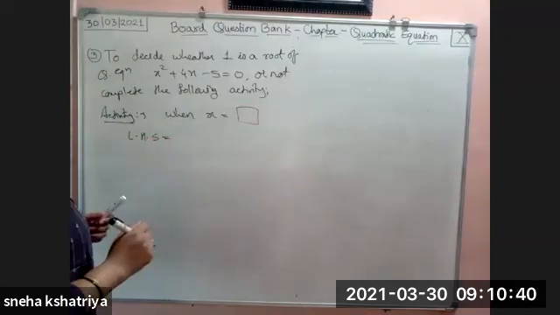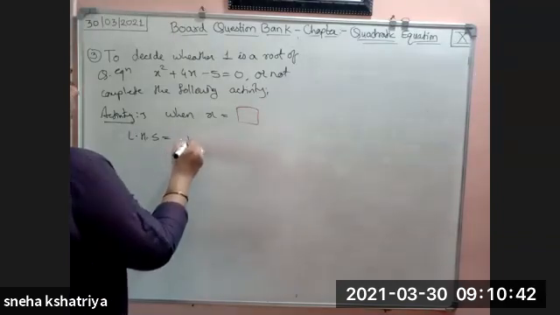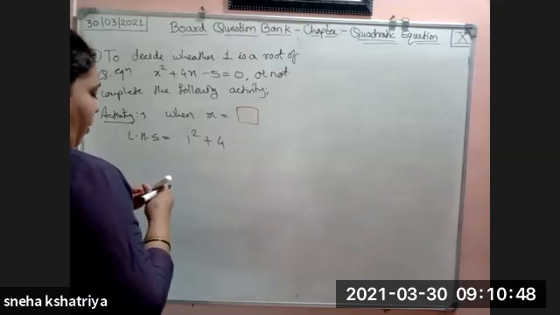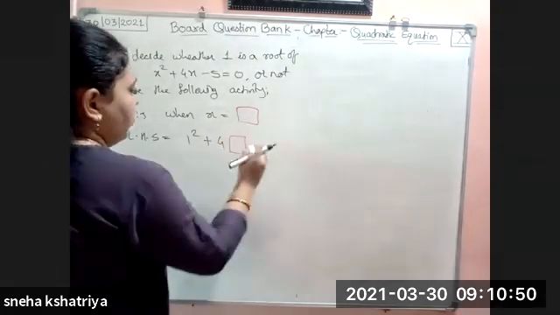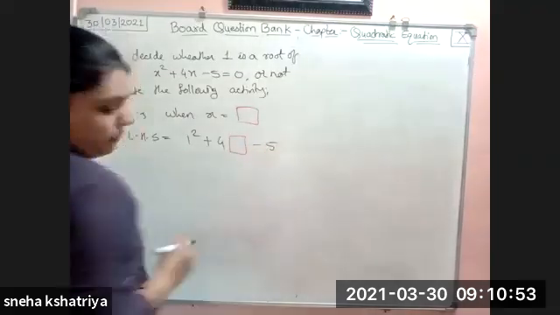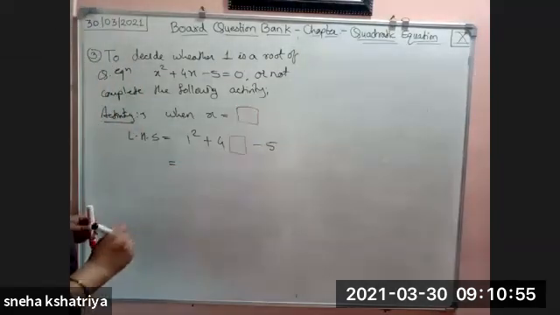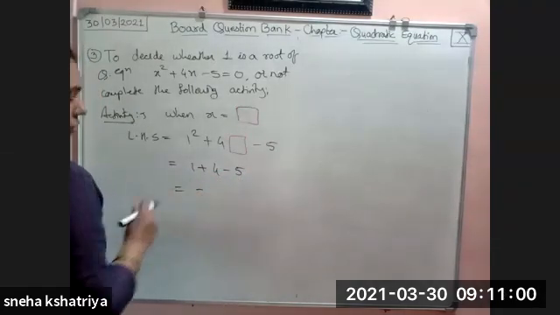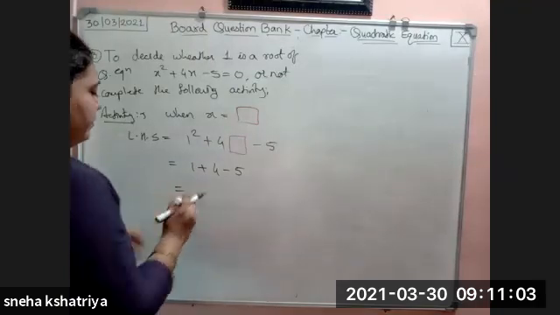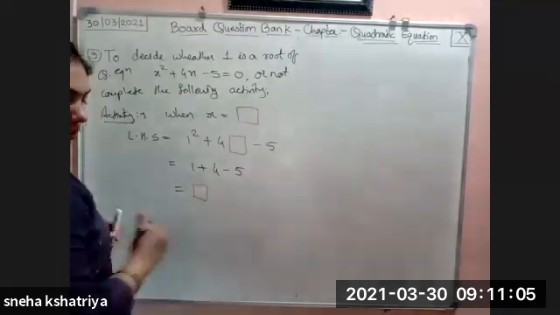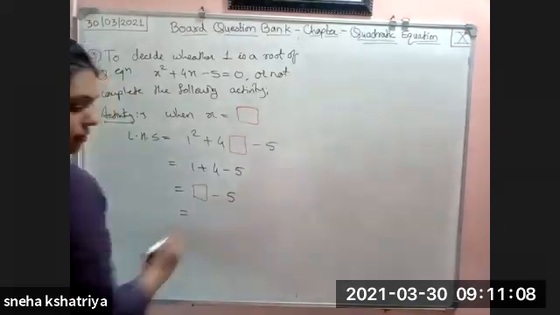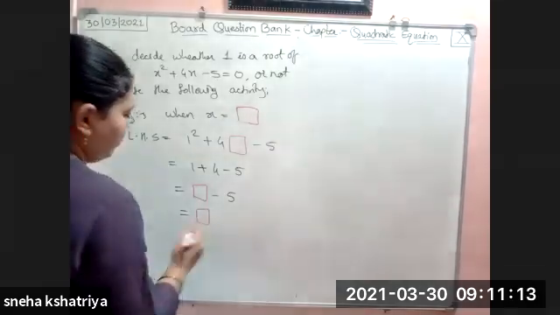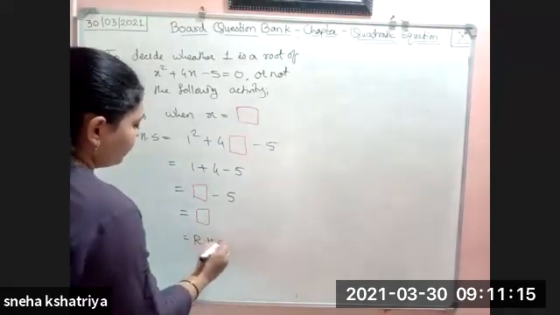LHS is equal to, what is LHS? 1 square plus 4 into box minus 5, which is equal to 1 plus 4 minus 5, which is equal to box, again a box minus 5, which is equal to, again a box, which is equal to RHS.